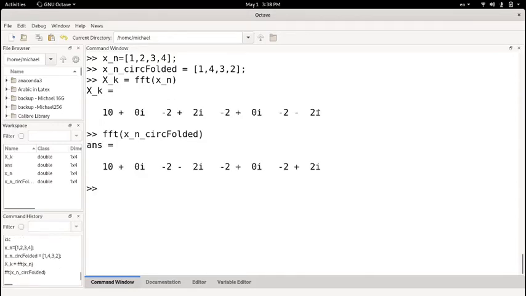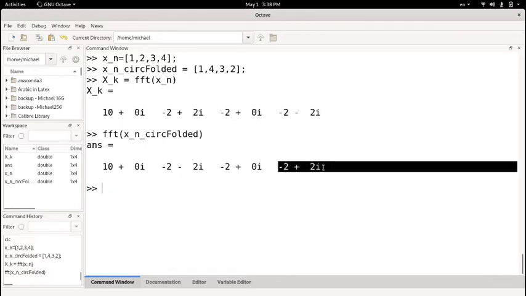Let's try this. As you can see, for the DFT of the circularly folded sequence, the first sample is 10, remains as is, and all the other samples are reversed. The first sample here is minus 2 minus 2j, which is the last sample over here, then minus 2, and then minus 2 plus 2j appears last.